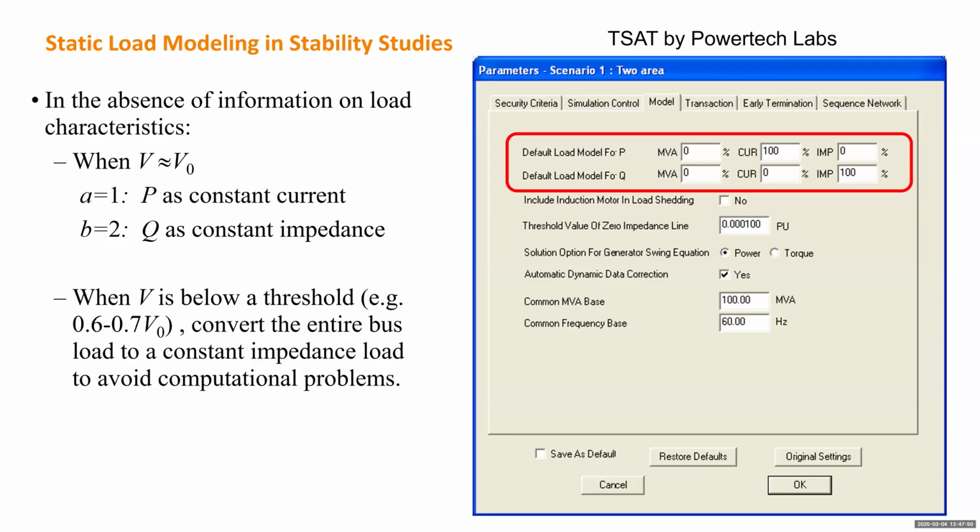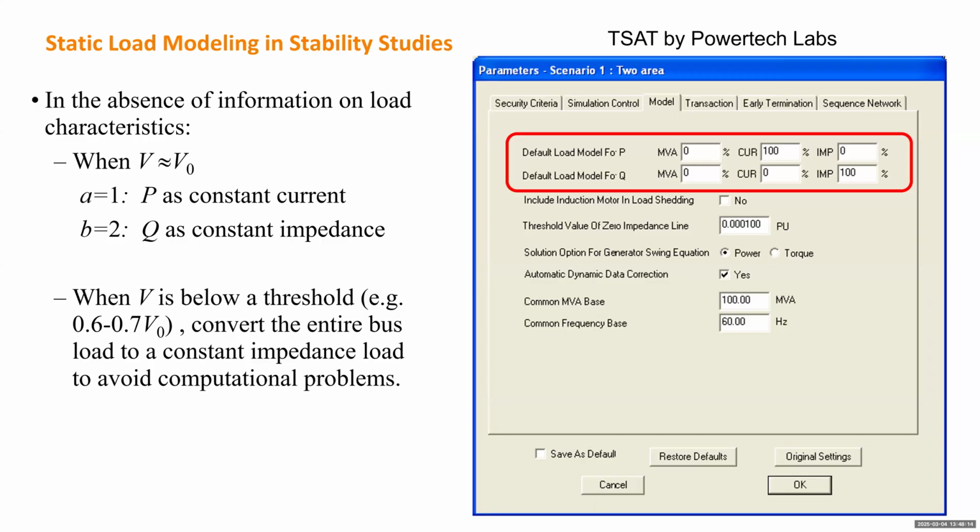If you use software like PSSE by Siemens PTI or TSAT by Powertech Labs, usually there will be a dialog where you can choose some settings. For instance, here it lets you give a percentage for the constant impedance, constant current, and constant power components.